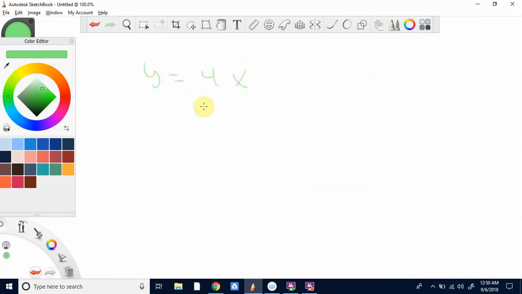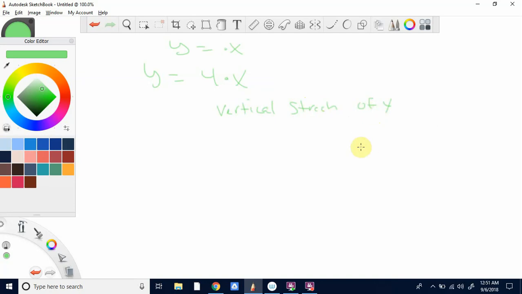Remember, the parent function is y equals x. So this is times this. So we have a vertical stretch of 4. All right, so pause it and do the guided practice 4A and 4B.